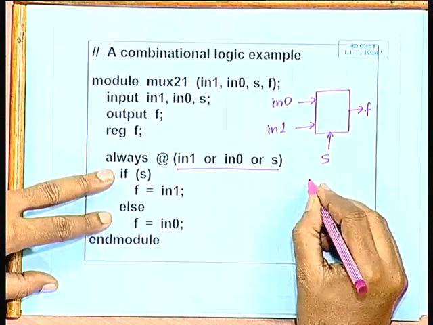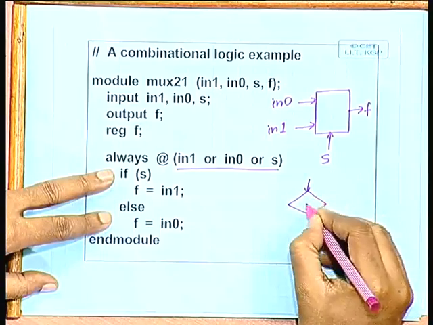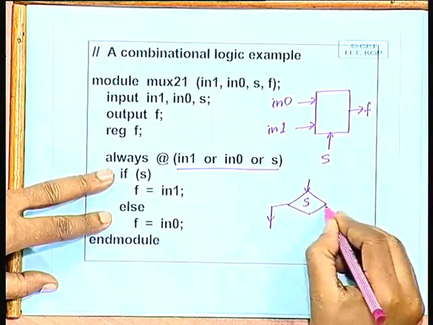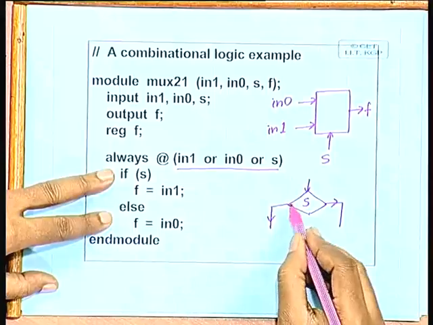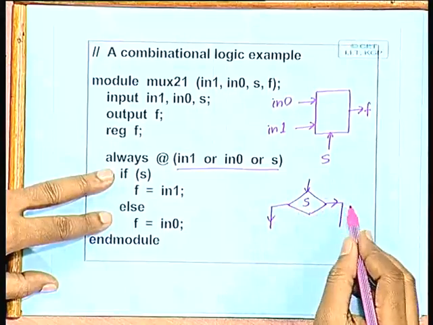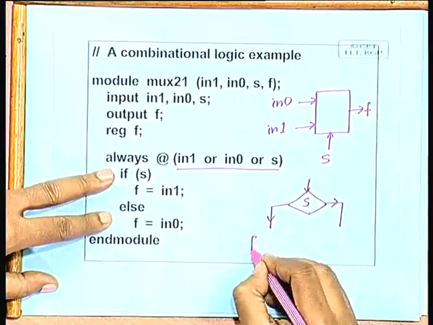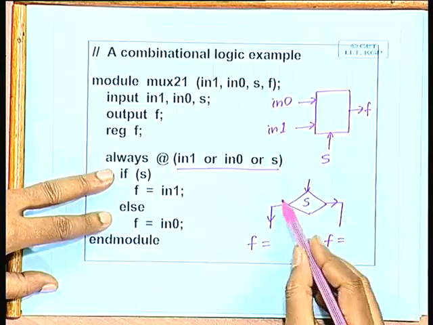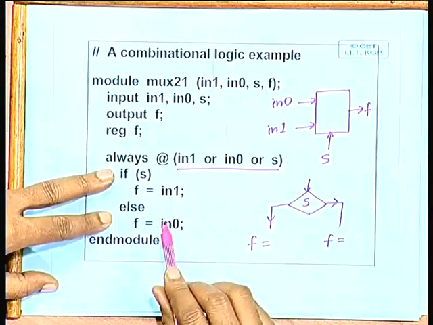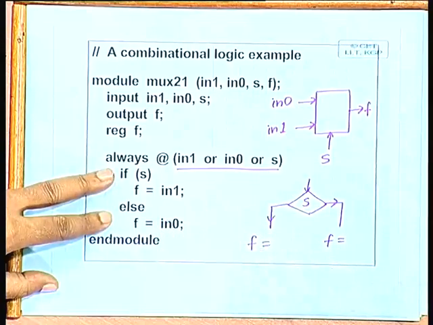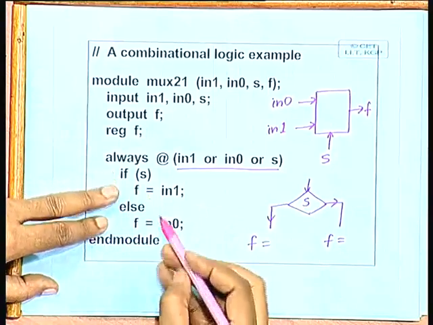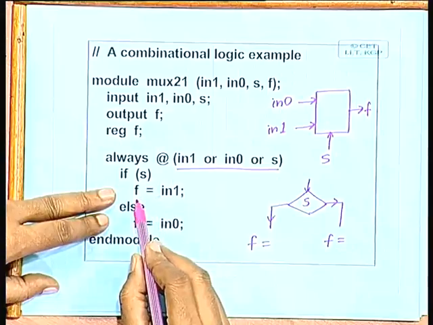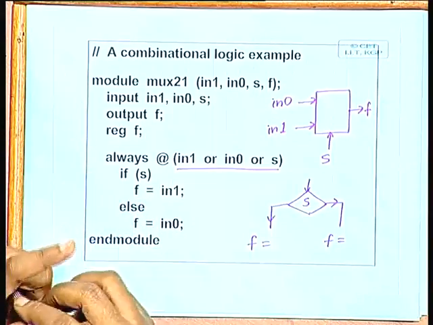See, you are taking a decision based on the value of s, and along all the paths of this decision process, you are assigning something to f. There is no path in this example at least where you are not assigning anything to f. So, whatever is the value of s, something will get assigned to f. This implies you need not remember anything from the past.